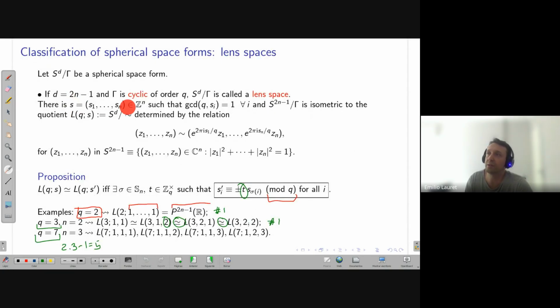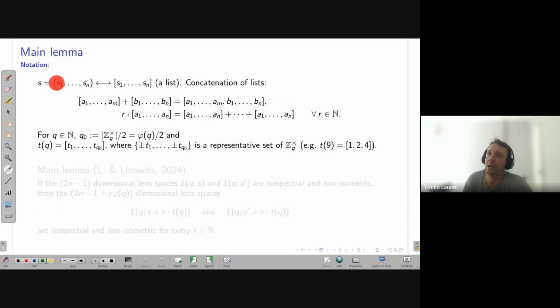These coefficients are n vectors of length n of integer numbers. Let's think of this vector as a list, like in Python. In Python you have the operation concatenation, where you sum two lists and produce the larger list with the elements of both lists. And you can multiply the list and you repeat the coefficients.